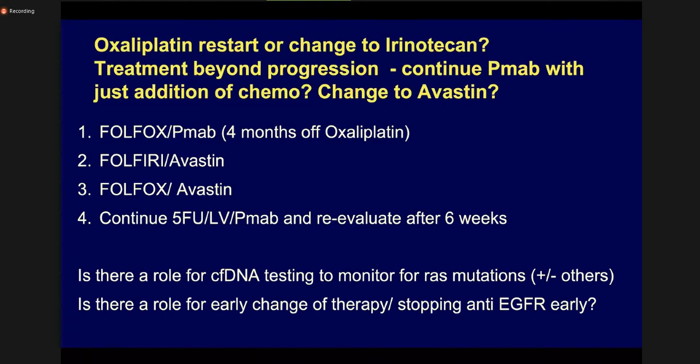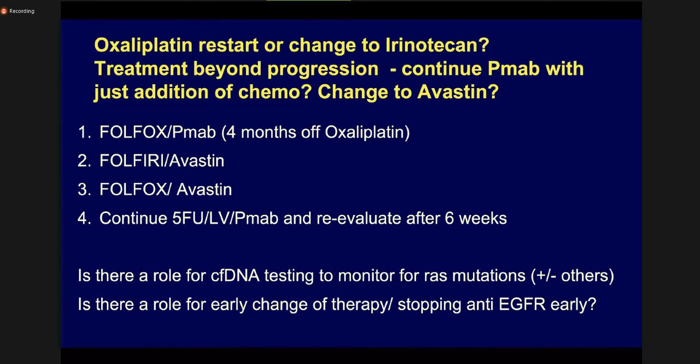The other question, Amit, let me throw this to you, because you are somebody who has done a lot of circulating tumor DNA work. Let's say you start doing circulating tumor DNA every 3 months, and you see that the quantity of RAS mutations is going up. Would you do anything to stop?